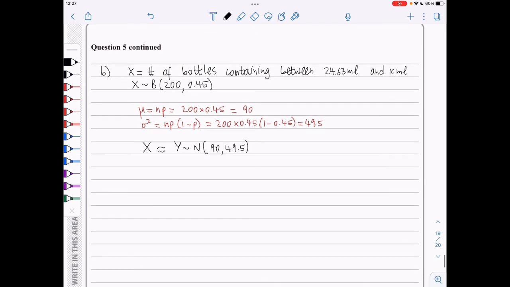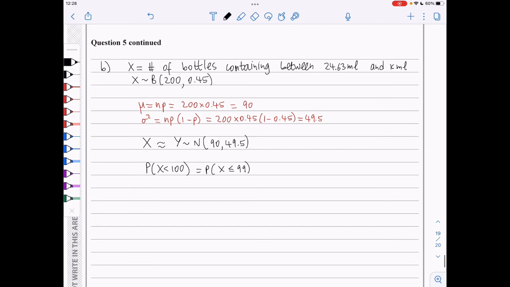Now, the question said less than half the bottles, so probability of X less than 100 is the same as the probability of X less than or equal to 99. Well, if I write these statements once as a strict inequality and another time as a relaxed inequality, the midpoint of the two will be the continuity correction I need to apply. So this will be approximately the probability of Y less than 99.5.